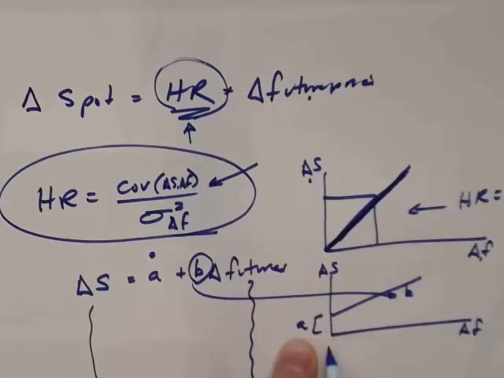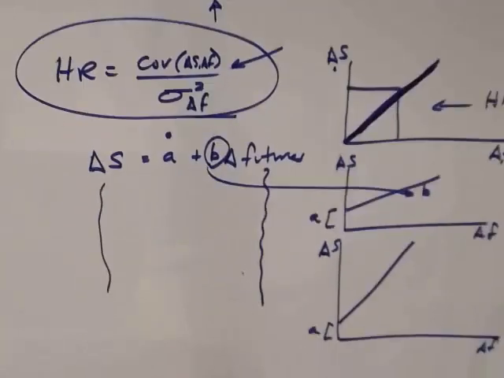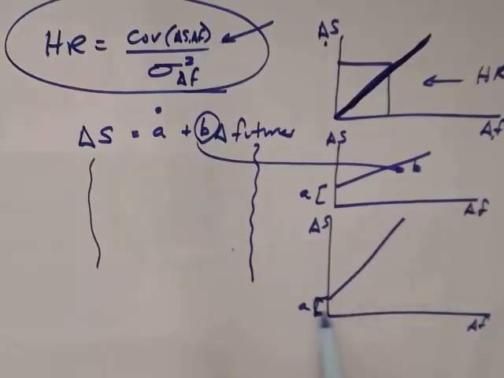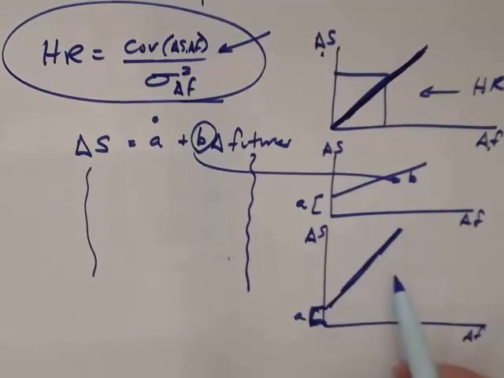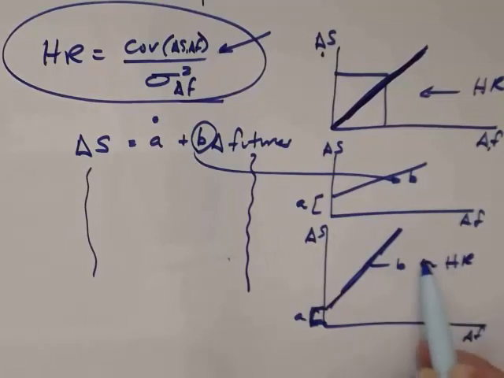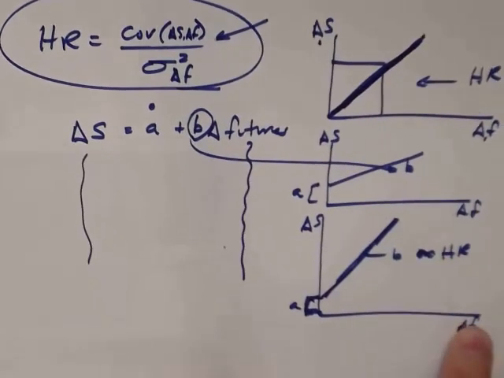Or it could be that maybe the slope is higher, meaning it's steeper. It could be something like this. Again, we have a slope, which could be positive or negative, or an intercept that could be positive or negative, but we have a slope that's greater than 1, the B, or a hedge ratio, meaning the same thing, and is picking up that relationship.